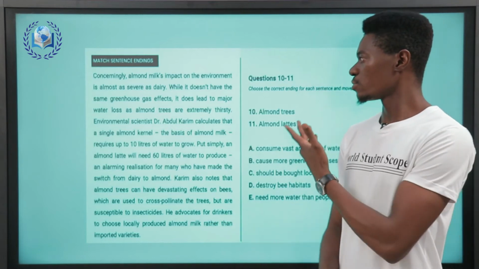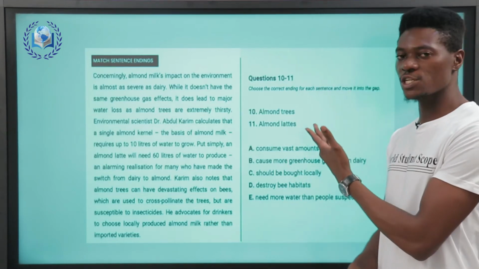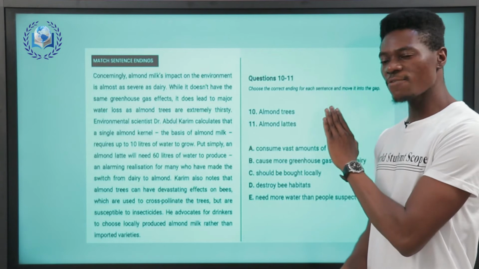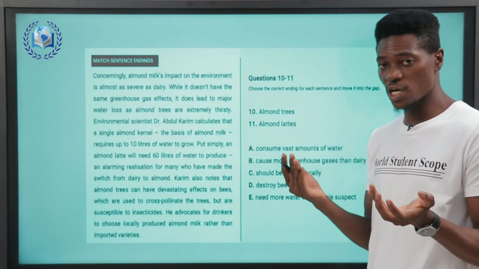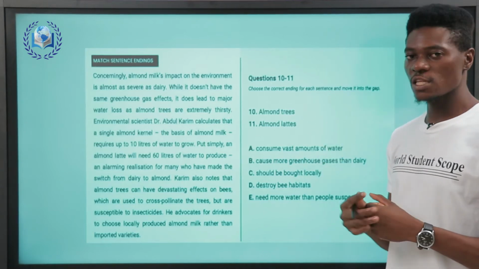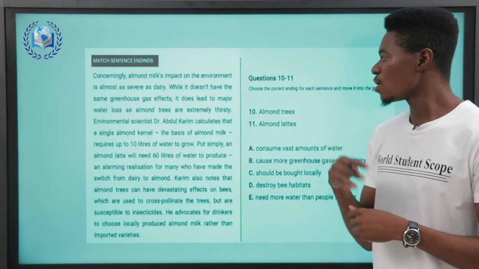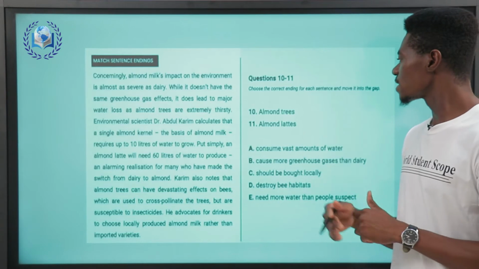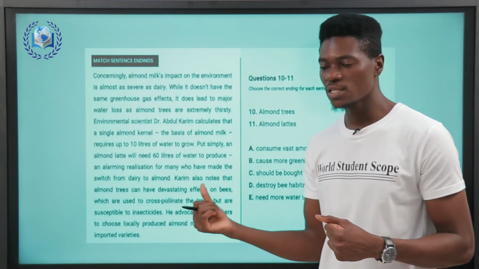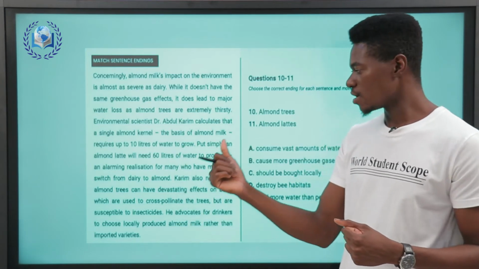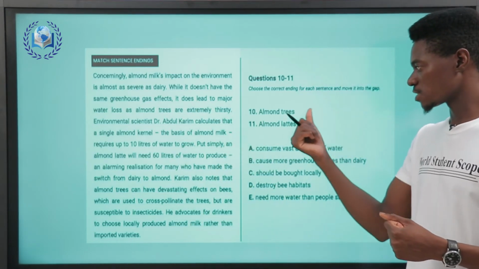For example, from our introduction, you have to read first the instruction. So let's start with the instruction. Choose the correct ending for each sentence and move into the gap. So we choose what is the correct ending and move into the gaps.